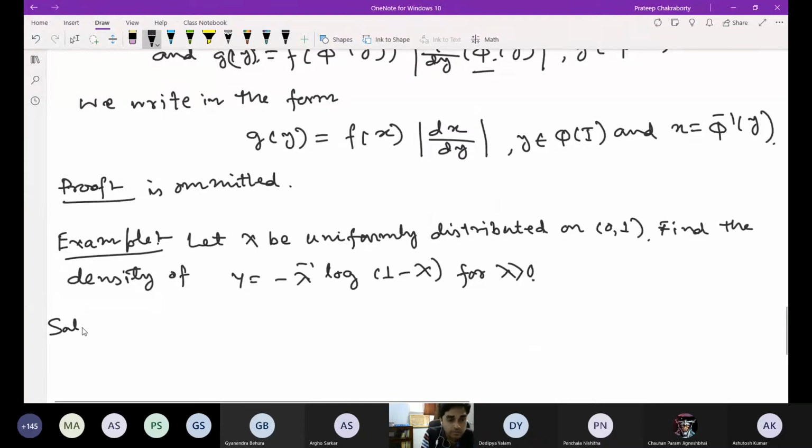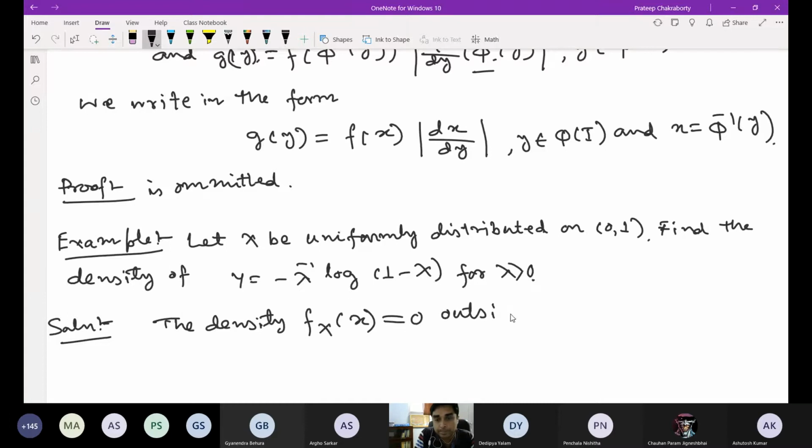Okay, so you tell me, the density of x, f of x, is 0 outside 0 comma 1, and on this interval 0 comma 1, how does this transformation y behave? You tell me that. Anyone?